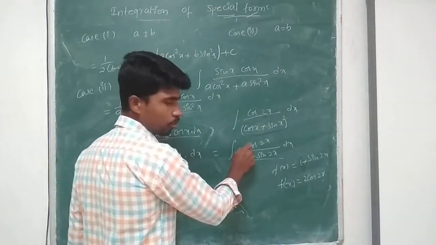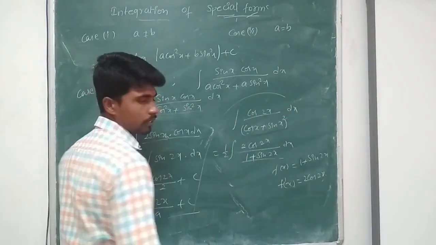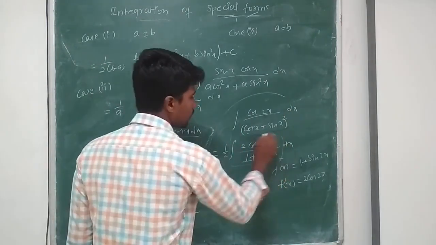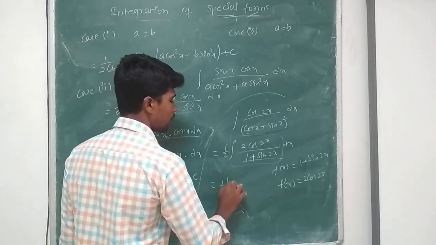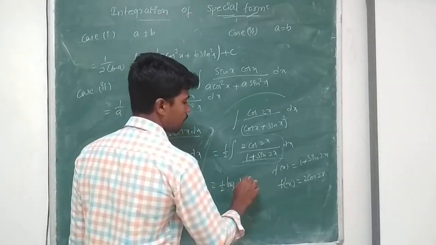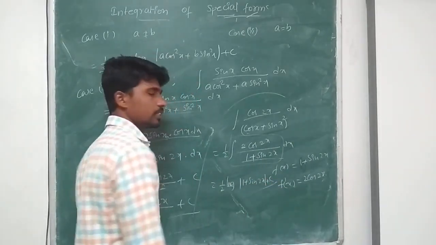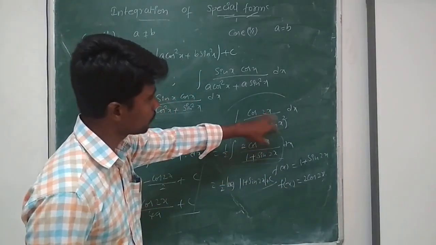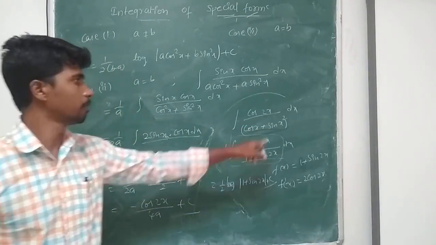I need 2 here, so multiply and divide by 2. Then this is in the form f dash of x by f of x. We get our answer as 1 by 2 log mod 1 plus sin 2x plus a constant c. So if you get these types of problems, first you check whether it is possible or not by simplifying this.